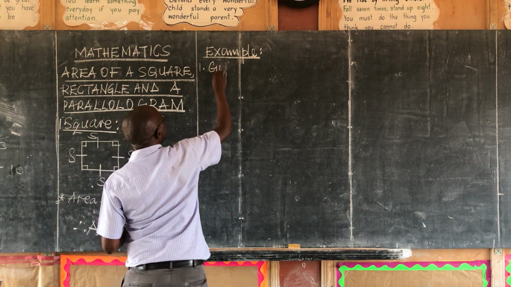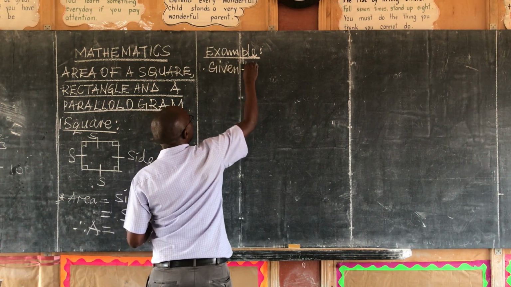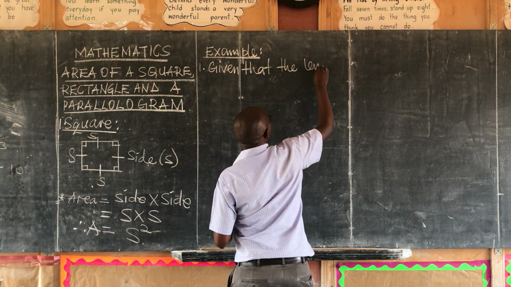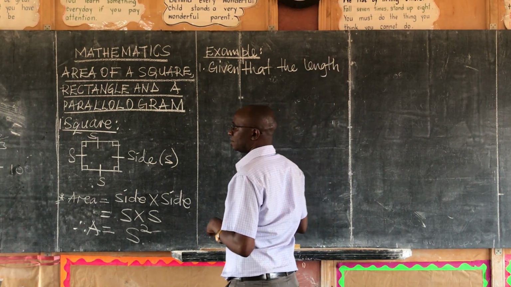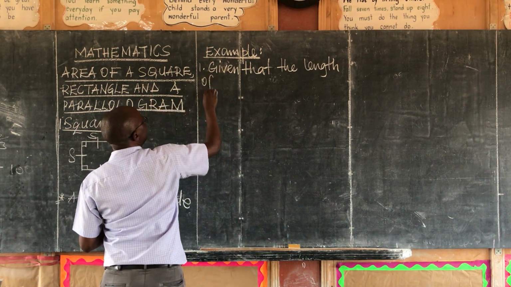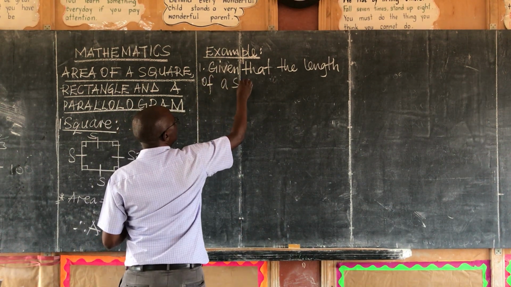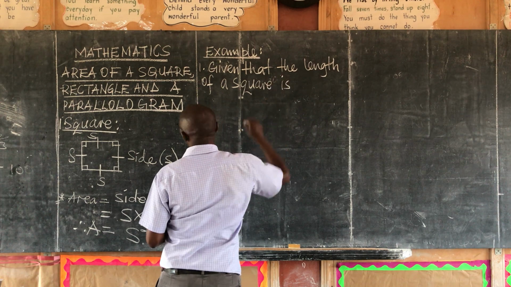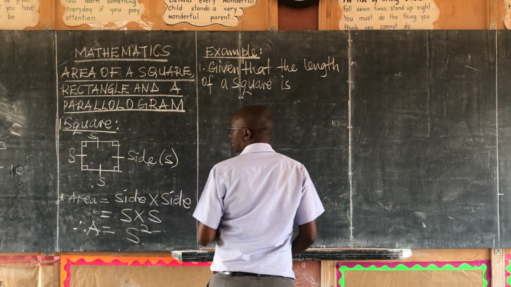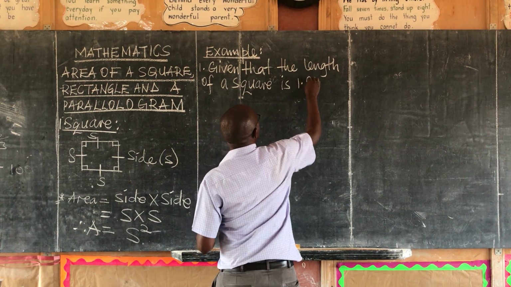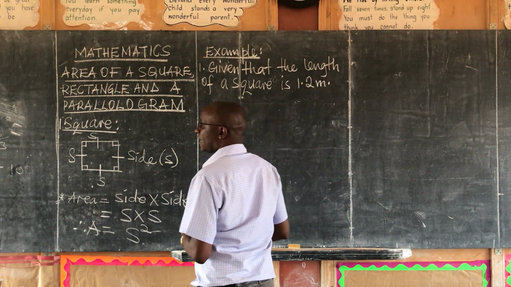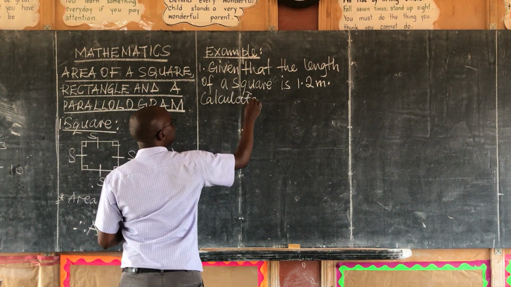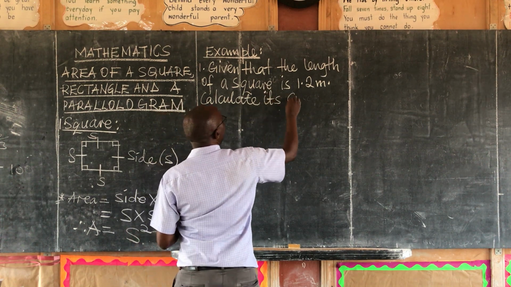Example one. Given that the length of a square is 1.2 meters, calculate its area.